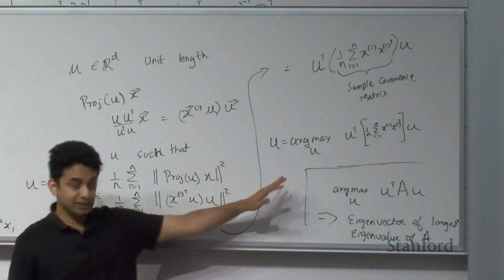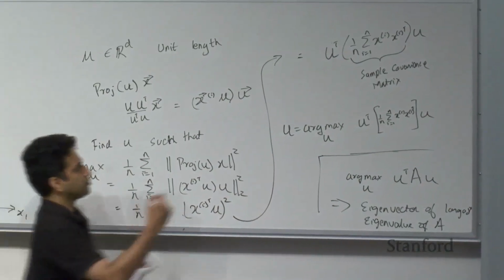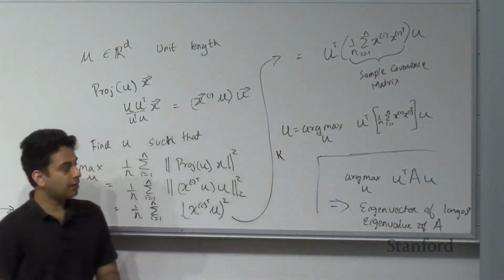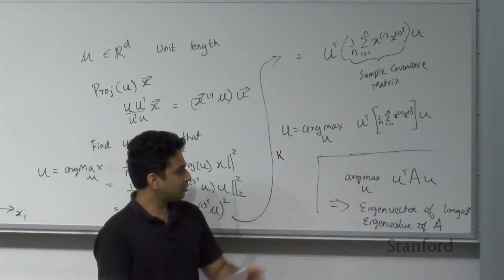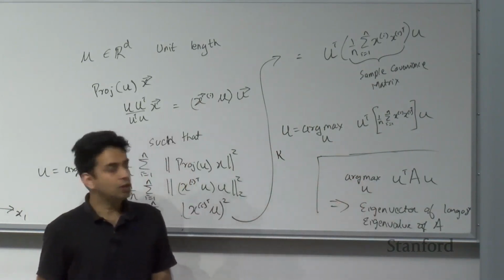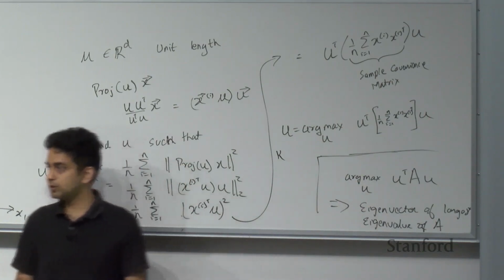If instead of a single u you had k u vectors, then by performing this maximization you will have recovered the top k eigenvectors corresponding to the largest eigenvalues.